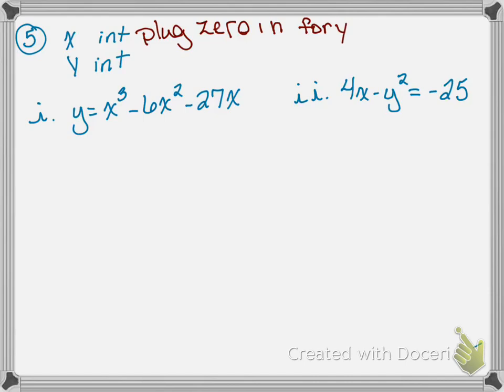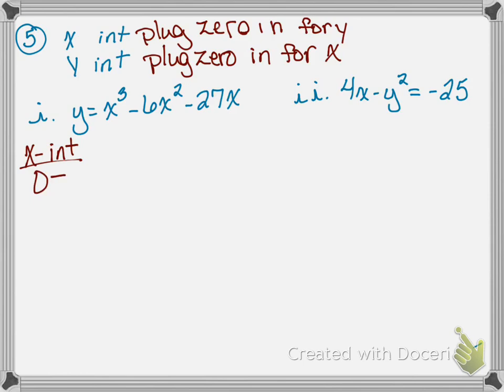To find our y-intercept, we are going to plug 0 in for our x value. Okay, so our first one right here, we have y equals x to the third minus 6x squared minus 27x. So we're going to find our x-intercept first. So I'm going to write x-intercept. So what I'm doing here is I'm going to plug 0 in for y. And I have x to the third minus 6x squared minus 27x. So I'm going to go ahead and solve that.